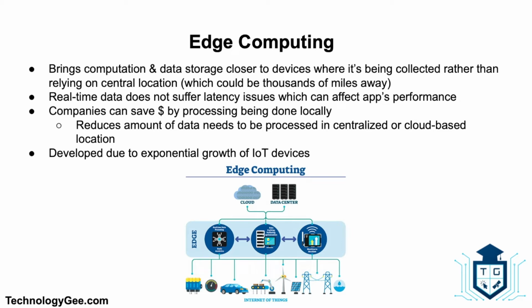In addition, companies can save money by having the processing done locally, reducing the amount of data that needs to be processed in a centralized or cloud-based location. Edge computing was developed due to the exponential growth of IoT devices, which connect to the internet for either receiving information from the cloud or delivering data back to the cloud. And many IoT devices generate enormous amounts of data during the course of their operations.